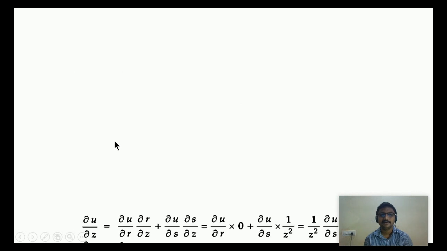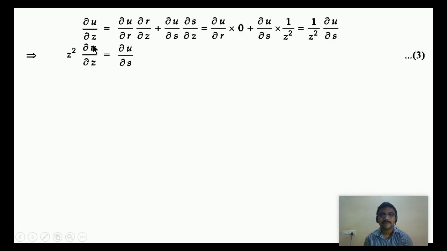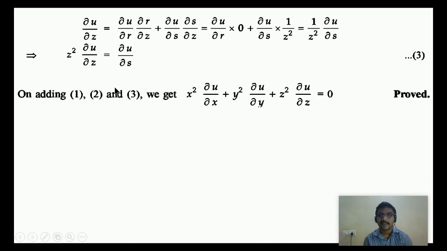Let it be equation 2. And ∂u/∂z is also split by using the chain rule and substituting the above partial values, we will have ∂u/∂z multiplied on both sides with z square. Let it be equation number 3. Now just adding these three equations, all terms get cancelled, which shows the required statement. Hence proved. The statement is proved.